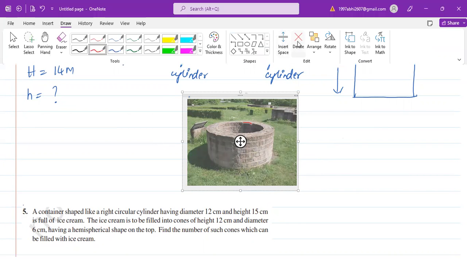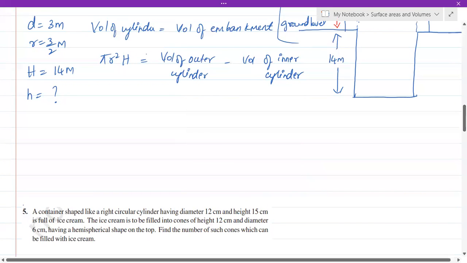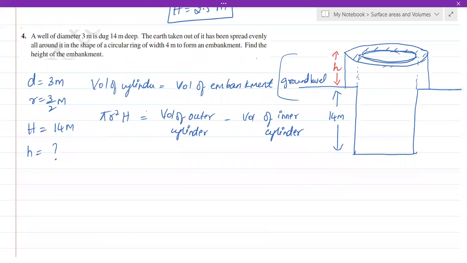The outer cylinder will have more radius compared to the inner cylinder. For the outer cylinder we take capital R, and for the inner cylinder small r. Let me draw the top view. The smaller cylinder radius is the same as the well's radius, because it connects to the well. Therefore, small r is this.